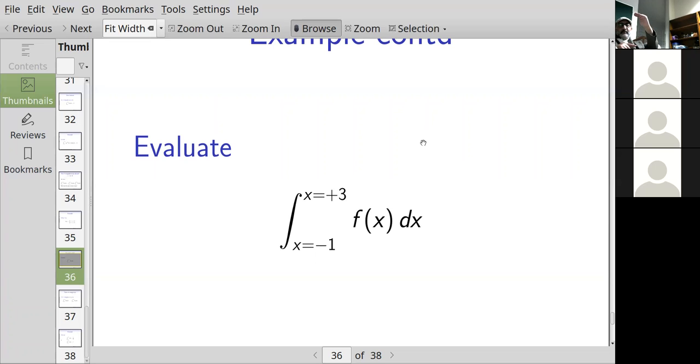So that area would be +1, right? And then the next one, you would go from 0 to 3, and the height is -1. So that integral would be 3 times -1, which is -3.